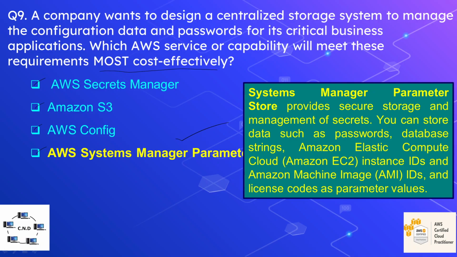So it is the cost effective option. We can also use AWS Secrets Manager, but this service comes with additional cost. But here we are talking about cost effectiveness. So AWS Systems Manager Parameter Store is the cost effective solution.